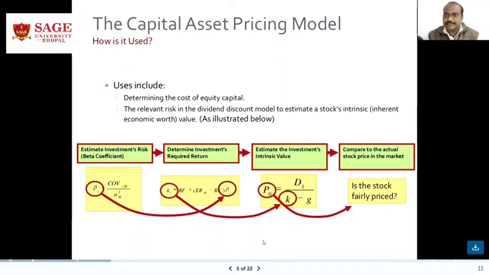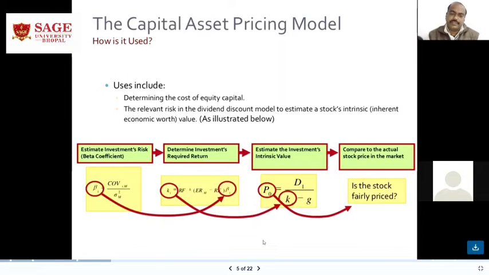Have you heard of systematic risk and unsystematic risk? No, sir. Okay. At this point of time, I cannot go back and explain what systematic and unsystematic risk are, but I can give a short message.